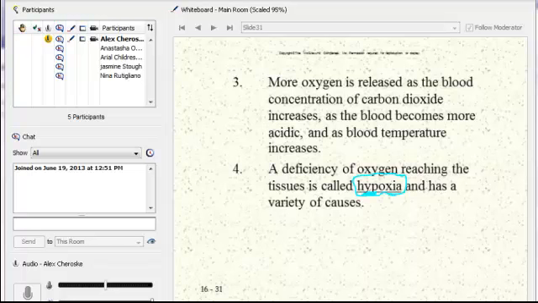If you cut off blood flow to a particular area, right? Tourniquet, or your legs just bent for a long period of time, then those tissues become hypoxic. If you're anemic, like we talked about before, and your red blood cells don't have enough hemoglobin, there's not enough iron in your diet or something like that, then again, your tissues can become hypoxic because the blood is not delivering the oxygen well enough.